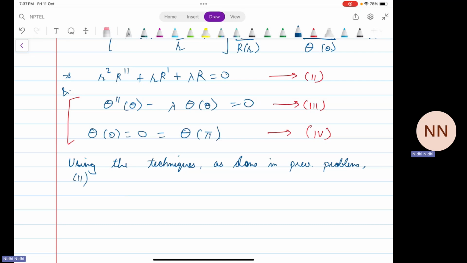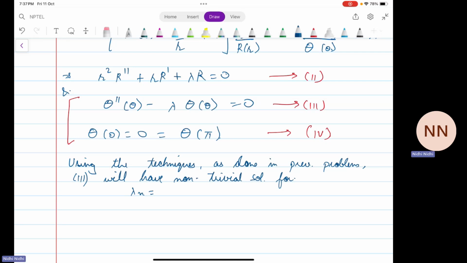The equation third will have non-trivial solution for lambda n equals, so please solve this as we have been doing earlier. I'll just give you the solution.